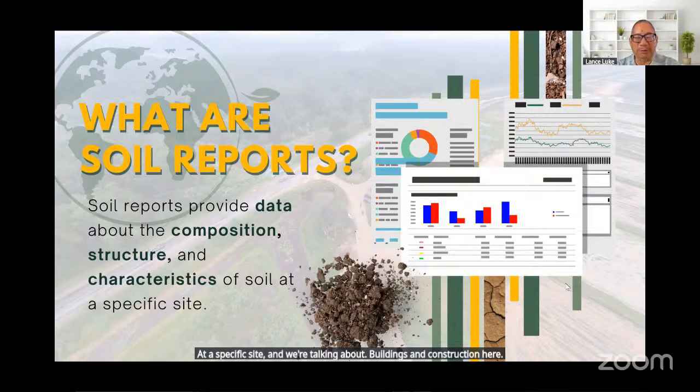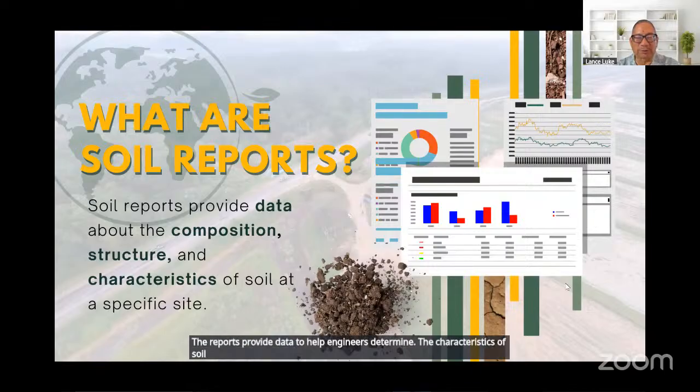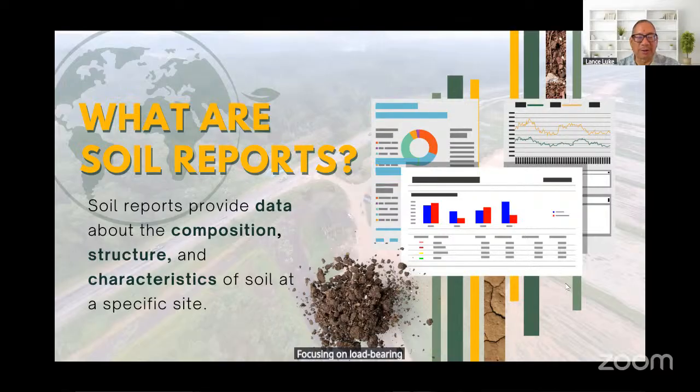The reports provide data to help engineers determine the characteristics of soil at a construction site, focusing on load-bearing capacities, stability, and drainage potential.